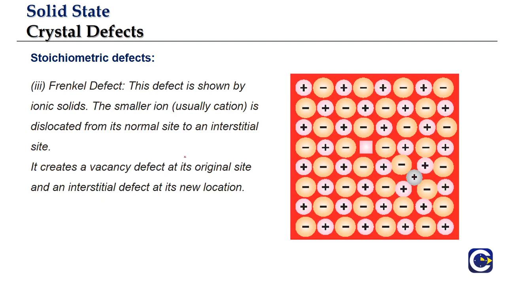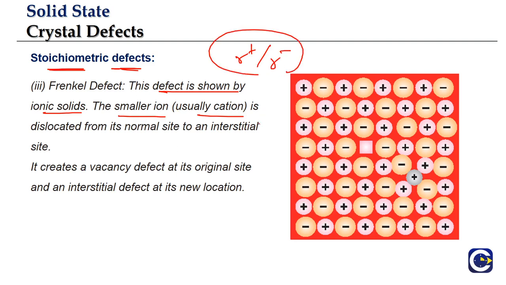We'll see. So the Frenkel defect is the one that is shown in ionic solids, and remember, this is a stoichiometric defect. So what is a Frenkel defect? The smaller ion, usually the cations. Remember, in the ionic lattice also we discussed it. Usually the cation will be the smaller one, the anion will be the larger one. So the smaller ions, which are cations, will be dislocated from their normal site.